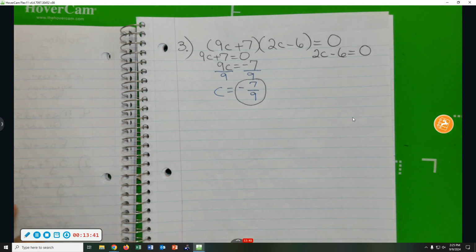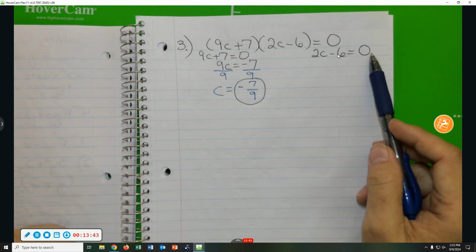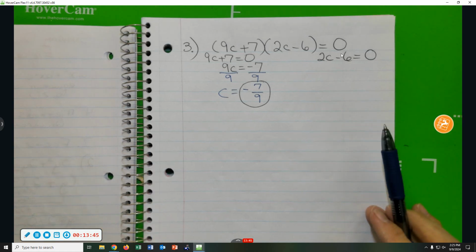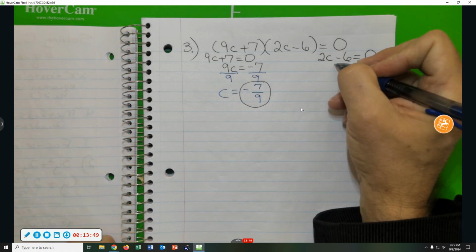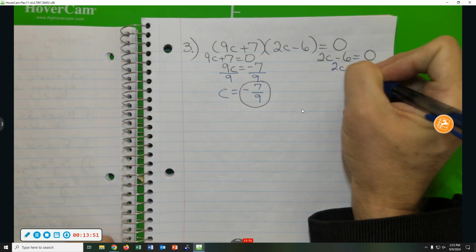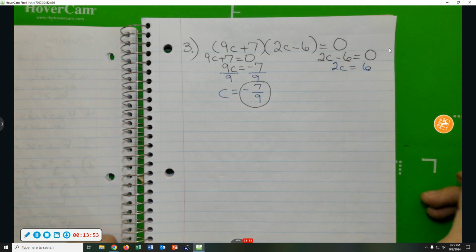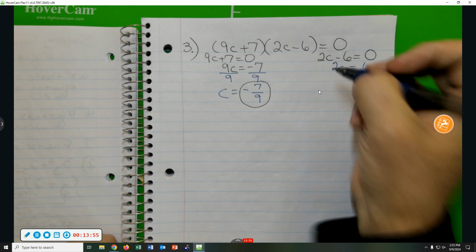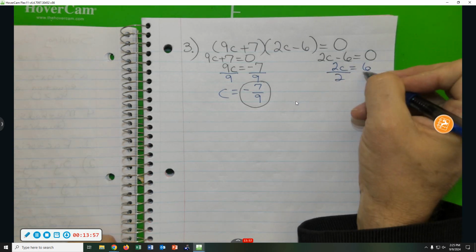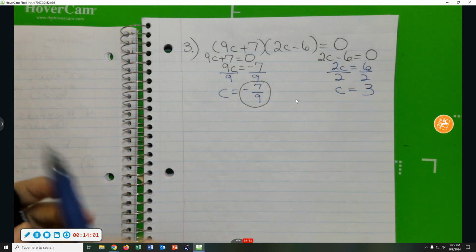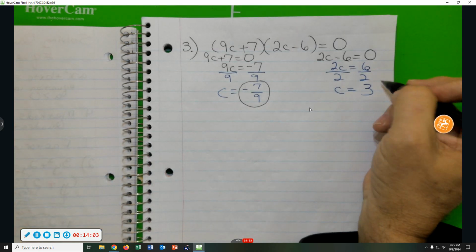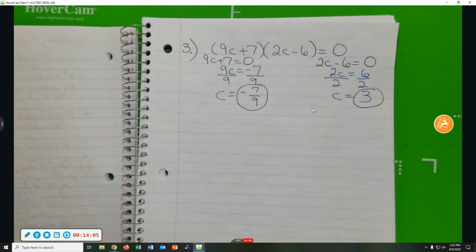The second one, what will I do first here to get c by itself? Okay, so I'm adding 6 to both sides to get 2c equals +6, and then divide by 2 to give us c equals +3. Any questions there?